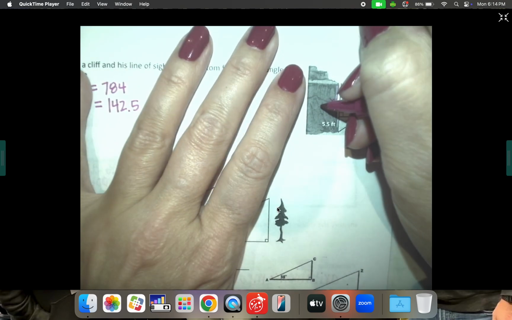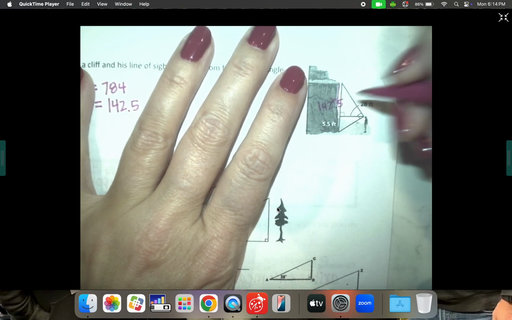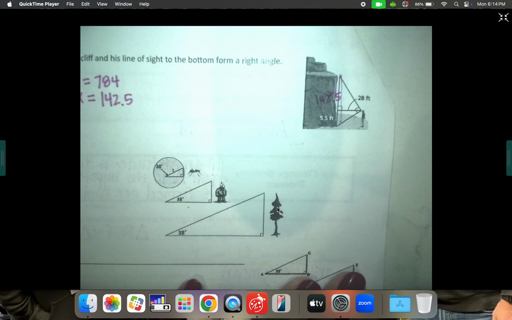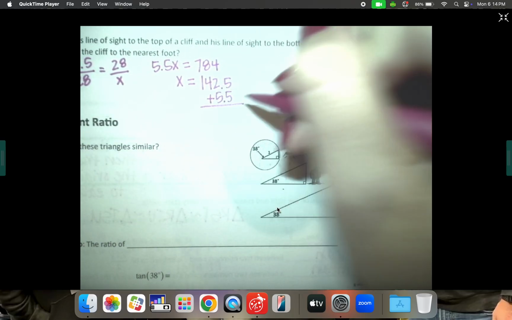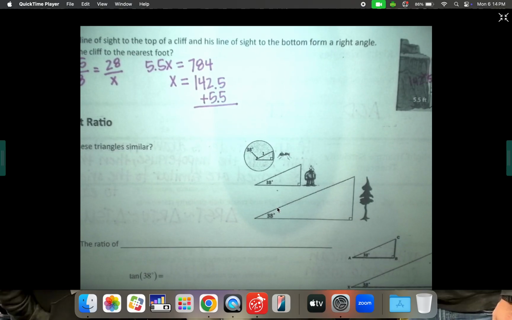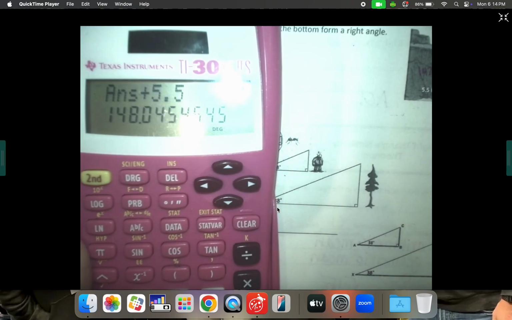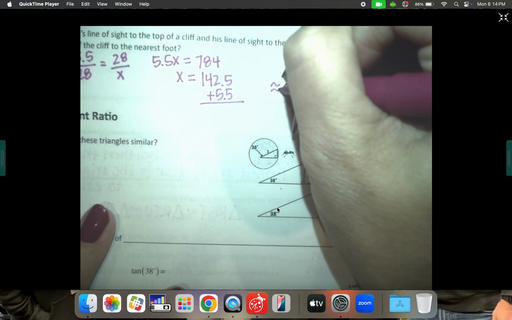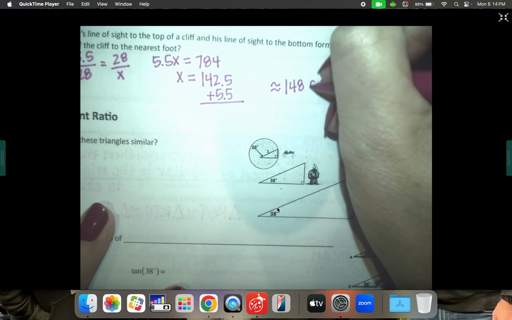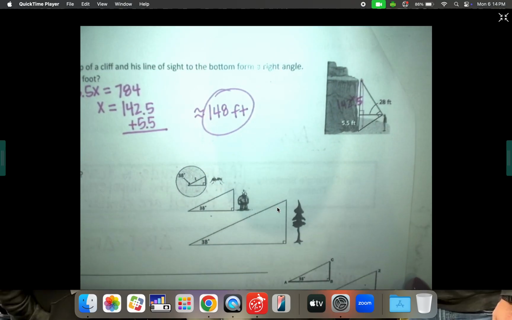So x is 142.5. Now we just need to add the total together. We're going to add the 5.5 to that, and that will be about 148.0, so about 148 feet. Okay, there you go.